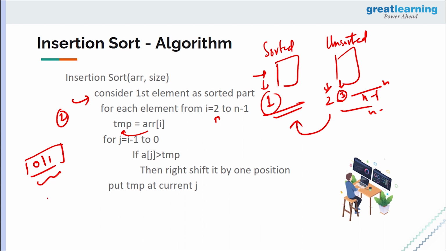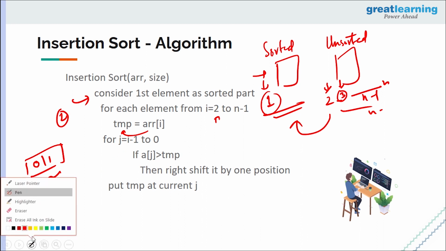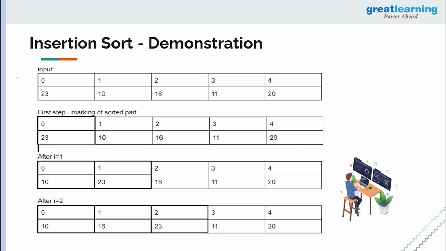Now you might be thinking, how does this happen? Let me take an example and show you. Let's consider this array, with these indexes: 23, 10, 16, 11 and 20. In the first step, we are making partitions.